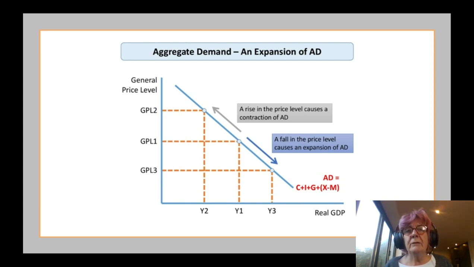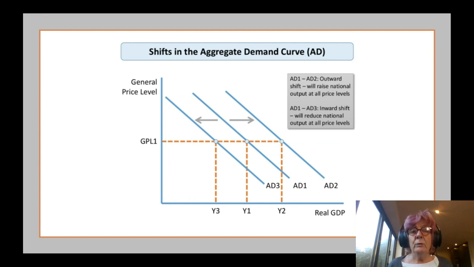But what happens when there are changes in aggregate demand? Well, the aggregate demand curve shifts, just like we saw in microeconomics. So if something changes other than price, for example, if in a country everyone gets increased incomes, perhaps the government decides to raise the national minimum wage, everyone will be richer, everyone will spend more money, consumer spending will increase, and the whole aggregate demand curve is likely to shift to the right, if nothing else changes.